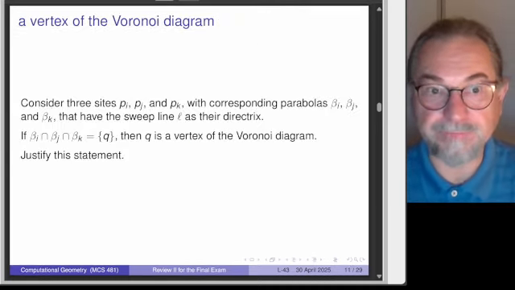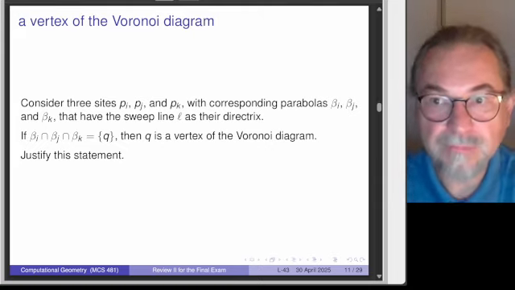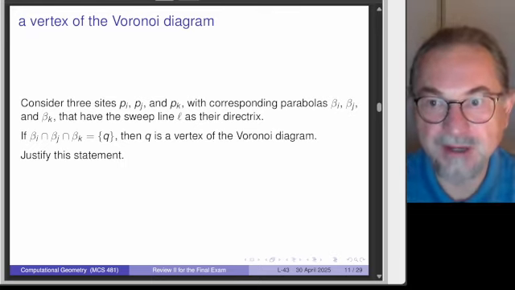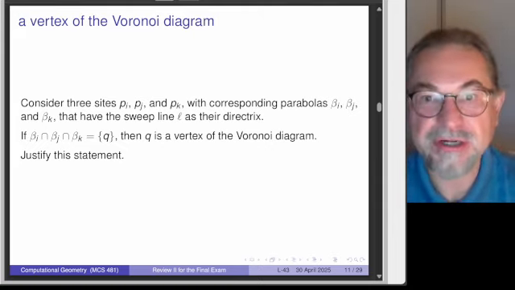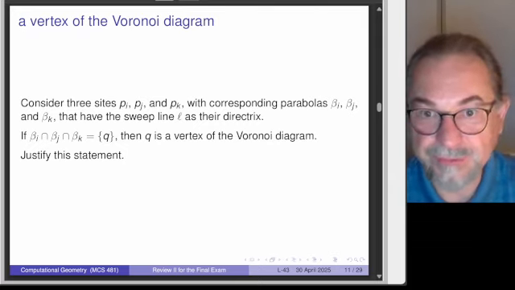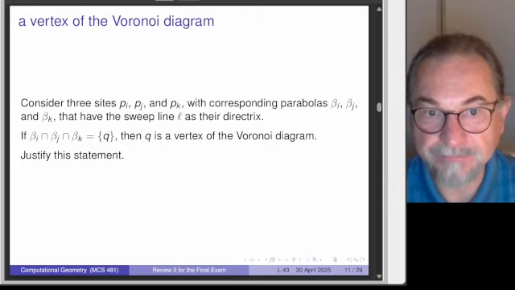Okay, prove this. Here is the setup for this question. I'm introducing this question with a picture; a harder way would be just giving you the statement. We have three sites, and three parabolas relative to the directrix, which is the sweep line.